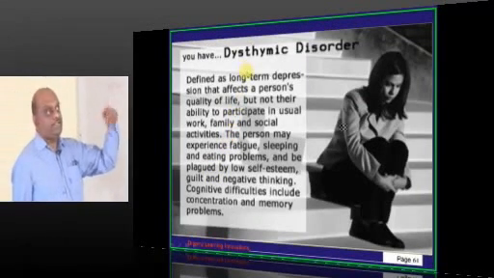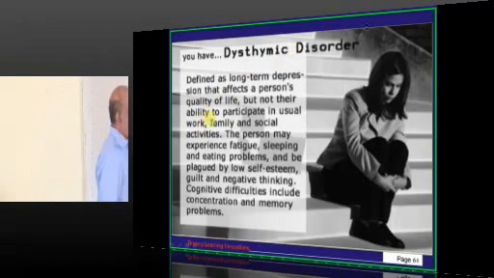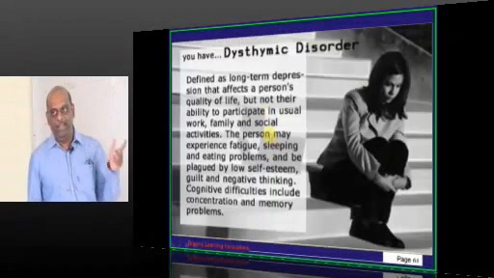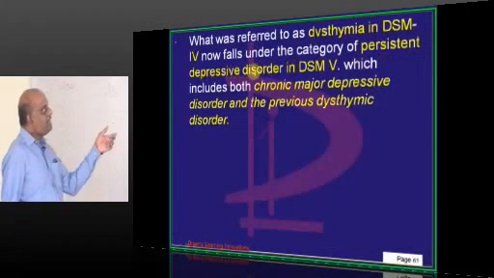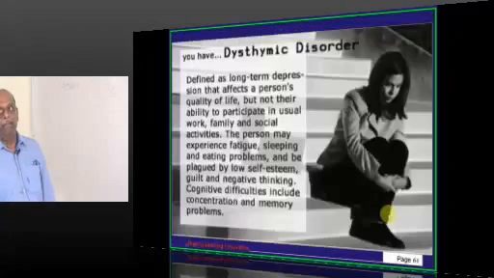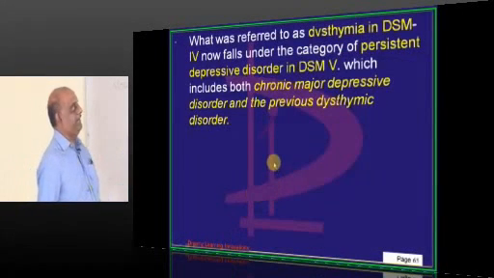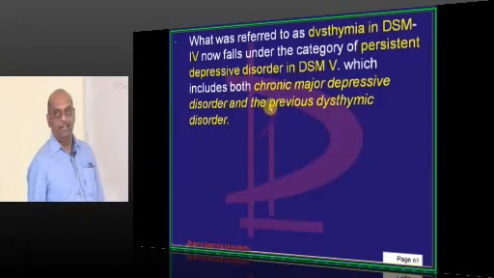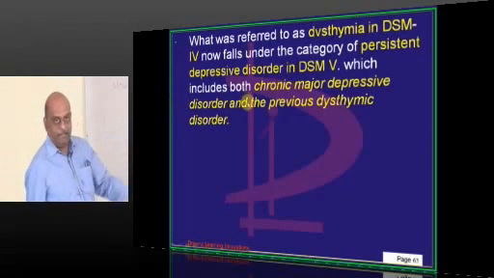Then dysthymic disorder is another important thing. Earlier, in DSM-4, we used to call it dysthymia. Now it falls under the category called persistent depressive disorder according to DSM-5, where the patient has chronic major depressive disorder, which is included under persistent depressive disorder.